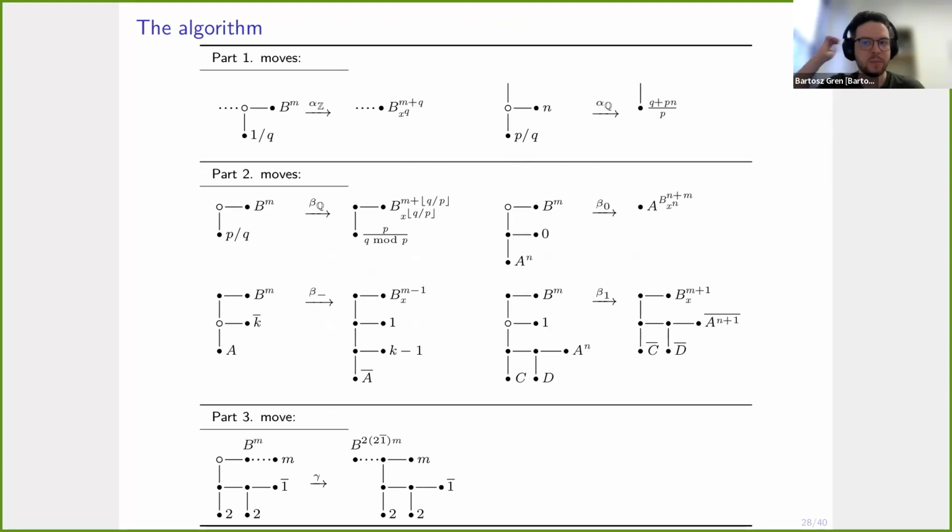And the algorithm is divided into three parts. First part is about removal of left leaves which are not necessary and can be absorbed by some other node.